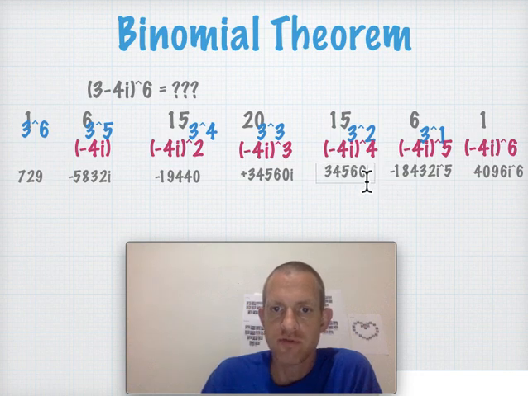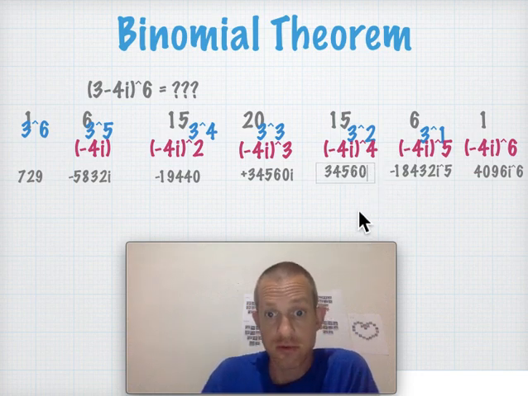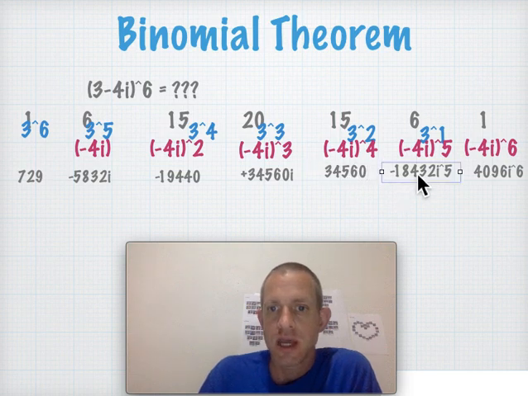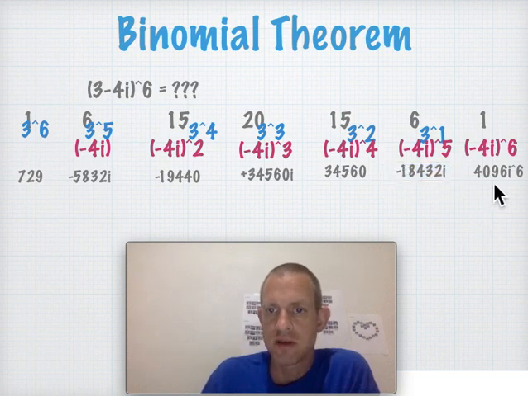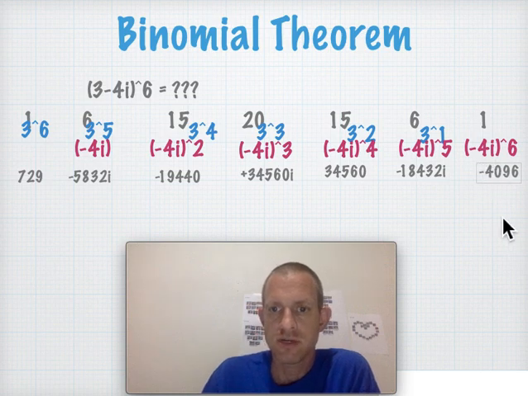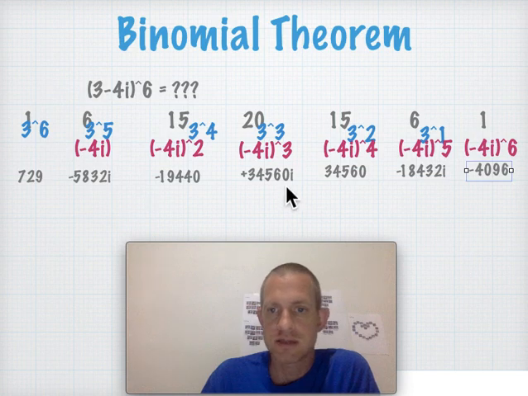And so 34,560 times 1 is 34,560. This i to the 5th is the same thing as i, and so this is a negative imaginary term. And i to the 6th is the same thing as i squared, which is the same thing as negative 1. And so this term is a negative real part.